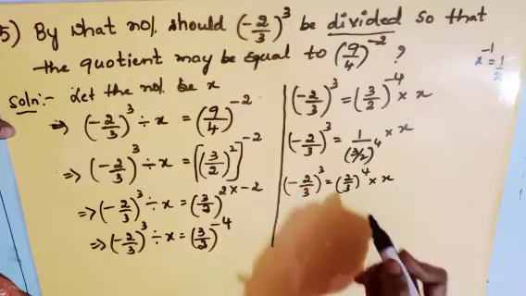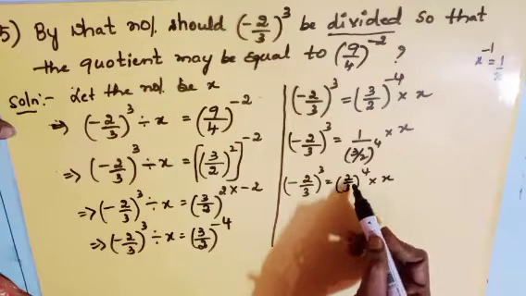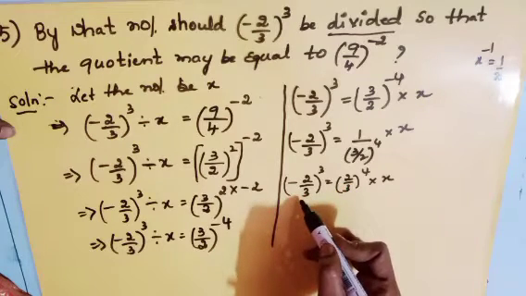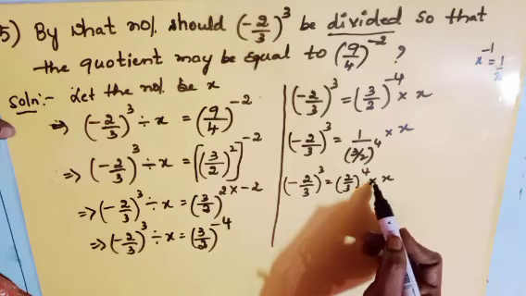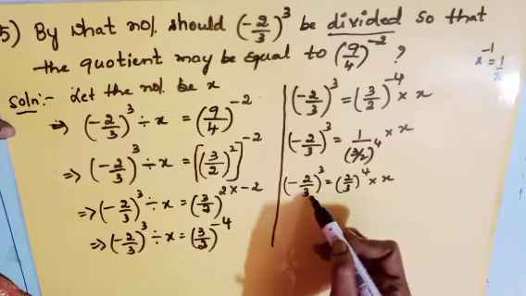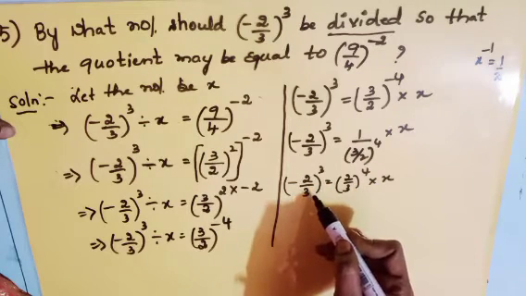So let us bring this 2/3 to the left side. When multiplication comes to the left side, the sign changes to division.